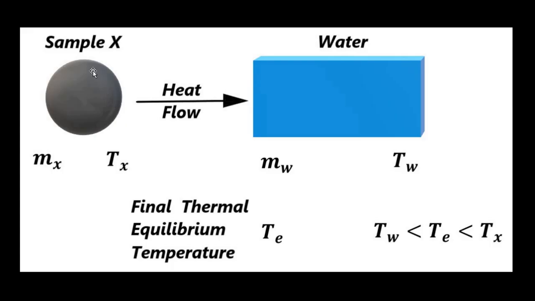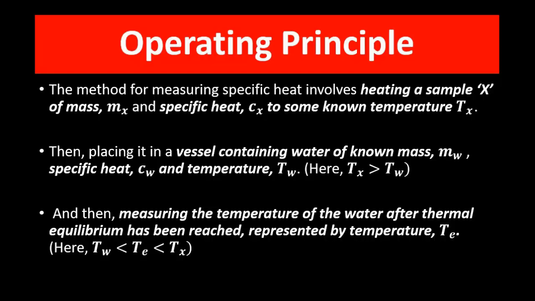So here we have taken a sample or a substance X, its mass mx is known, and it is heated to a certain higher temperature which is known. Okay, mx, Tx: mass of the substance, temperature of the substance. Then this mass is placed in a vessel containing water inside the calorimeter. The calorimeter has water inside.